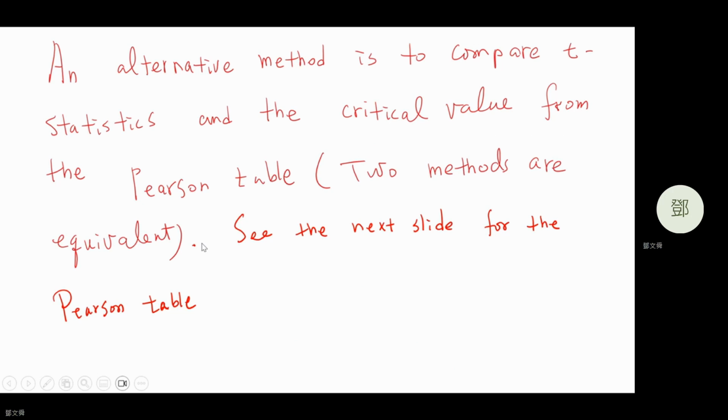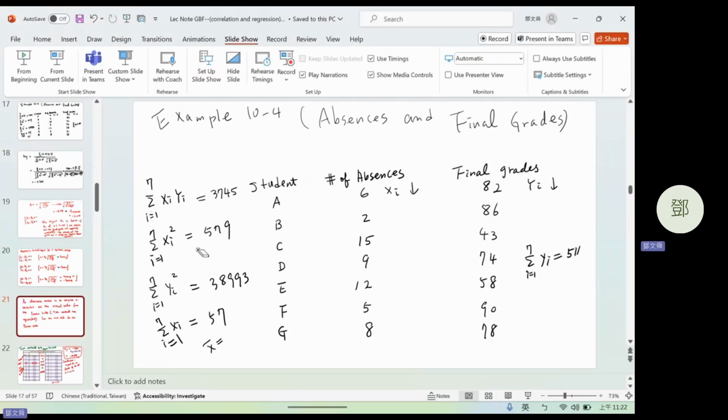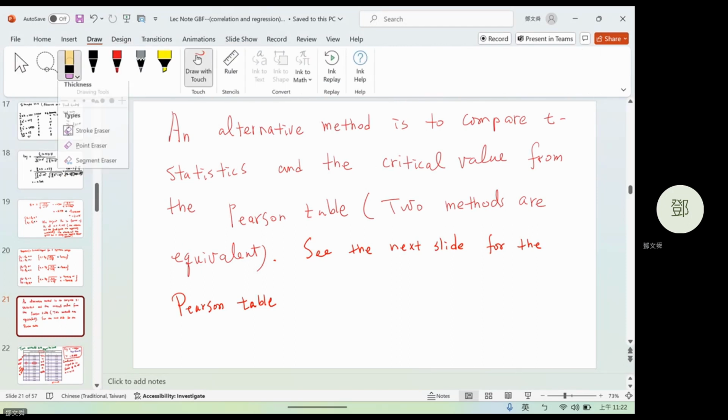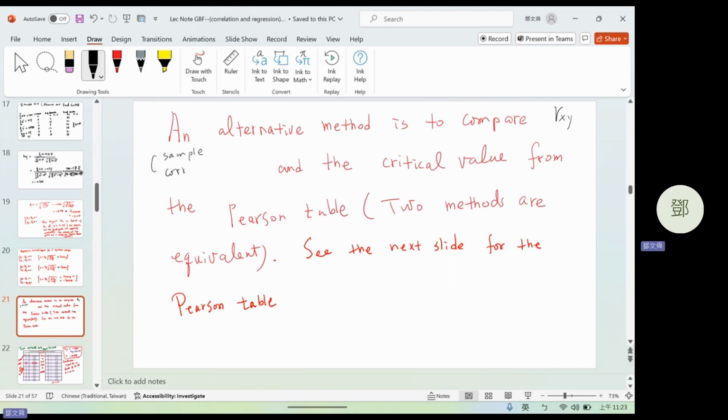An alternative method is to compare just the r statistic, RXY, the sample correlation coefficient, and a critical value from the Pearson table.